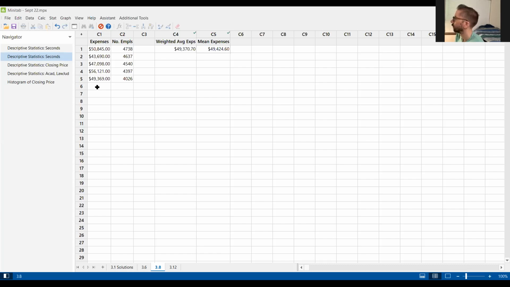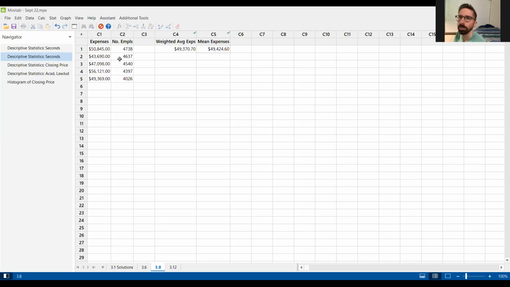I guess I could have put a column in here for the years. And then they gave you the number of employees for each of the years. So these are the expenditures per employee and then the number of employees. If you multiply these two numbers, it should give you the total expenditures for that year. Does that make sense?